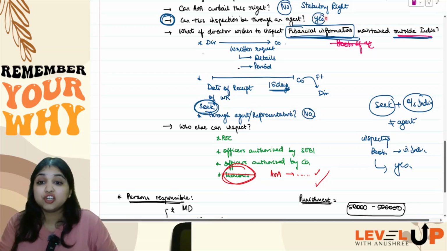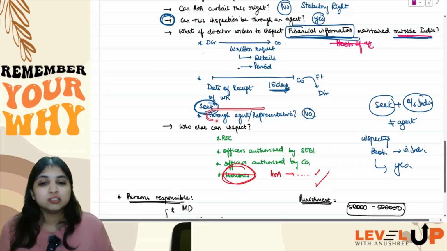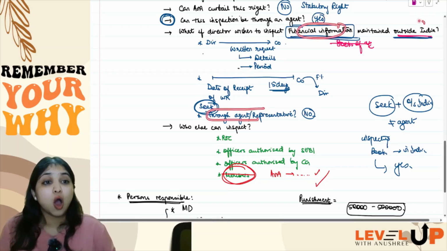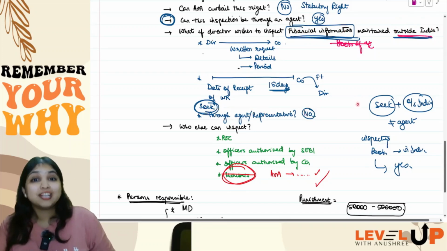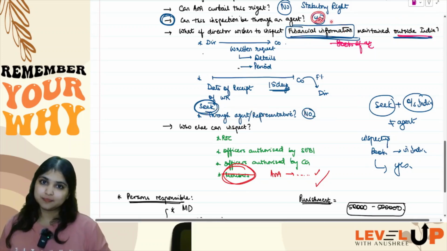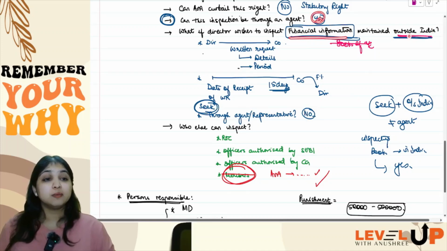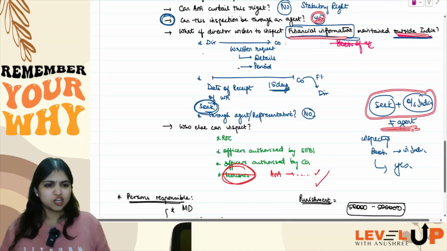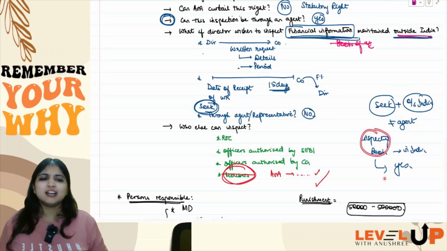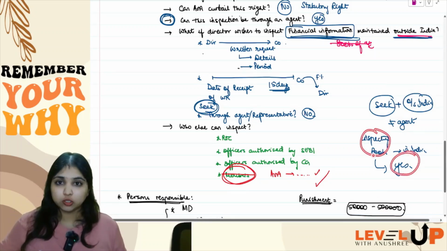But they haven't mentioned anything. So therefore, can you seek financial information outside India through agent? No. Can you do inspection through an agent? Yes. Seeking financial information outside India, this combination you can't do through an agent. But inspecting books that are in India, that you can do through agent also.